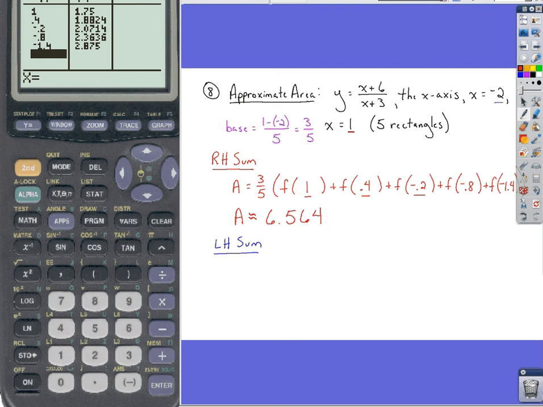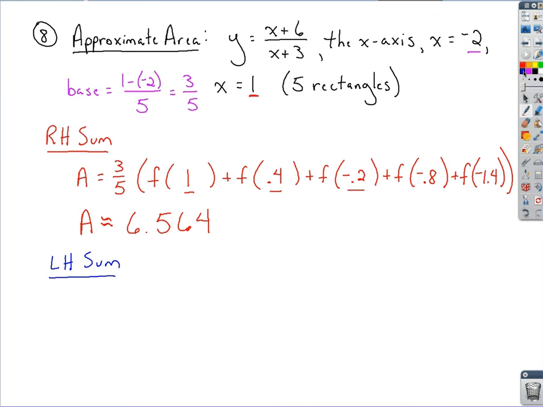So now if we want to look at how to do a left-hand sum approach, in a very similar fashion, to find our area, we're going to take our base of 3/5 and multiply it by the sum of 5 function values, since there are 5 rectangles.